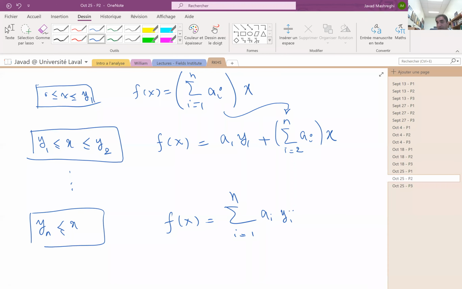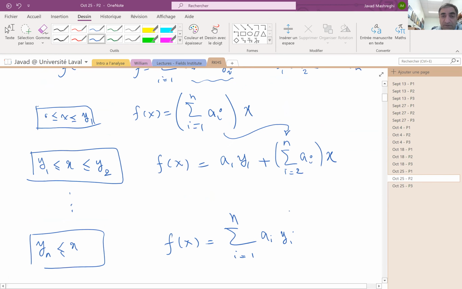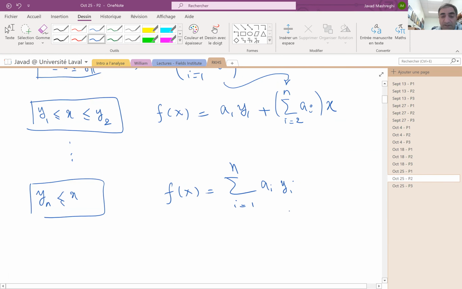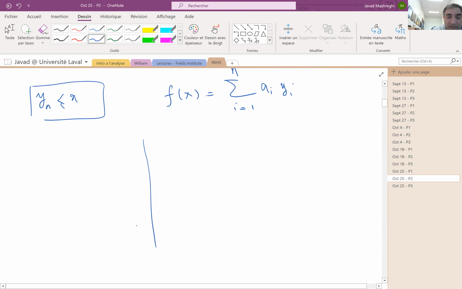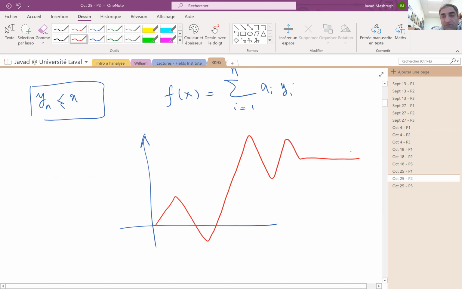It can be even a complex number. But if you consider real numbers, each of these sums could be negative or positive. So at the end of the day, what we obtain is something like this, and eventually constant.